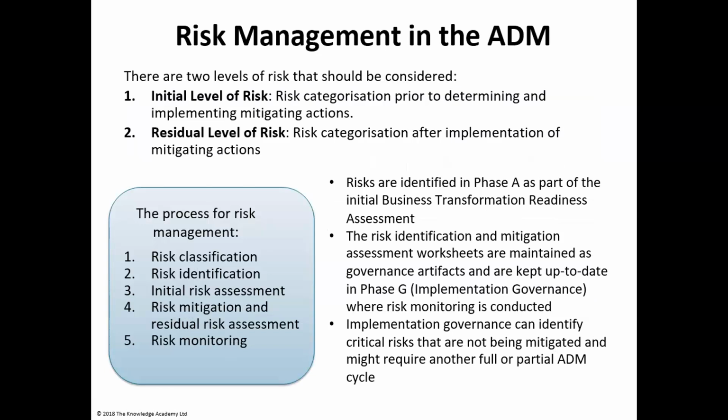You monitor the risk, and you know what risk assessment to carry out and what action to take to mitigate it. Next, the fifth one, risk monitoring. Every risk you deal with, you have to monitor. So this is risk management as per TOGAF.